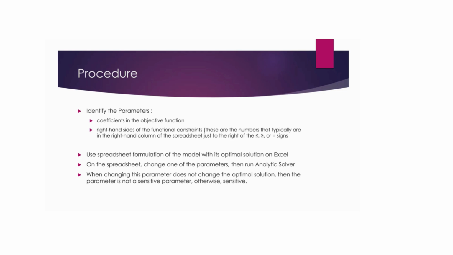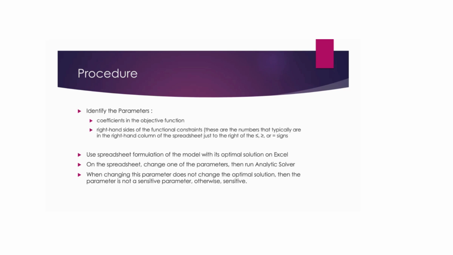Okay, then when changing this parameter, if it does not change the optimal solution, therefore, we would say that the parameter is not sensitive. Otherwise, it is sensitive, which means to say that even if a small change in the parameter would change the optimal solution, then we would say that that parameter is sensitive.